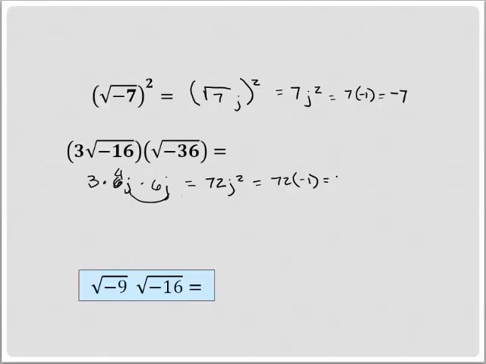So our answer to the simplification of this problem is negative 72. Now that's a lot easier than what we've got here. All right, I want you to try it. Here's a problem. Pause or stop the video and try it, and then look at the website for the solution.